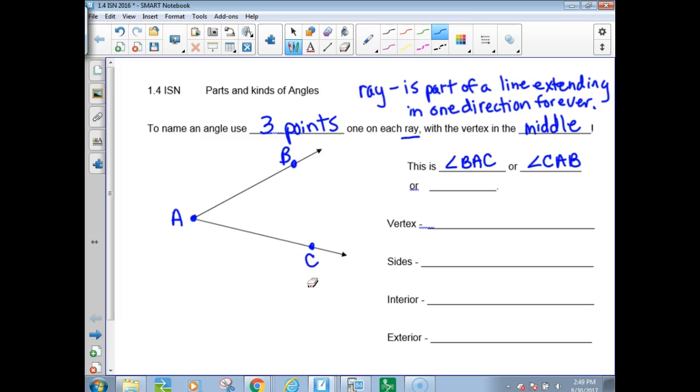If it's all by itself, you can name it angle A. But if there were other rays coming off of here, then you could not call it angle A. The vertex is point A. And in your little terms, sometimes students call it the corner point, if you will, although your book would not say that.